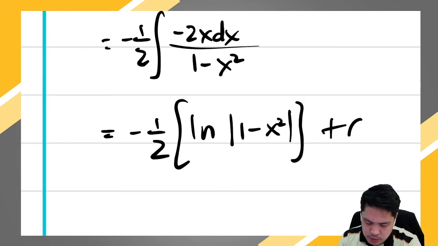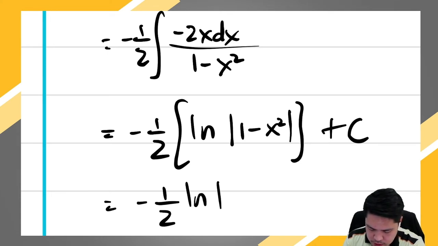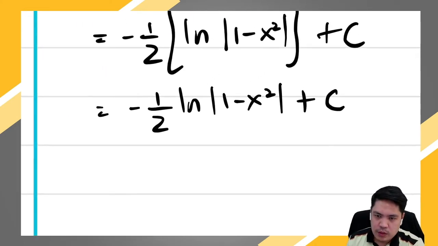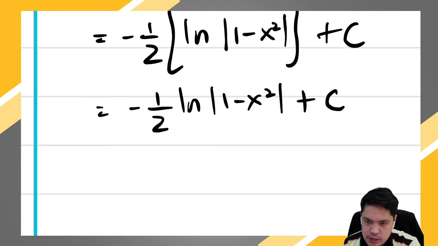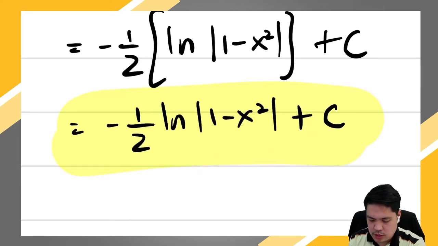So plus c, and that's negative 1/2 ln of the absolute value of 1 minus x squared plus c. You can also rewrite this in another form, because we know that this could be written as an exponent, or we could stick to this as our answer.